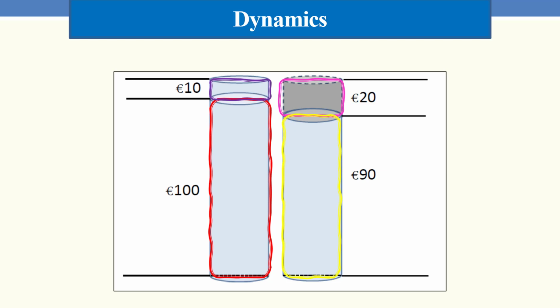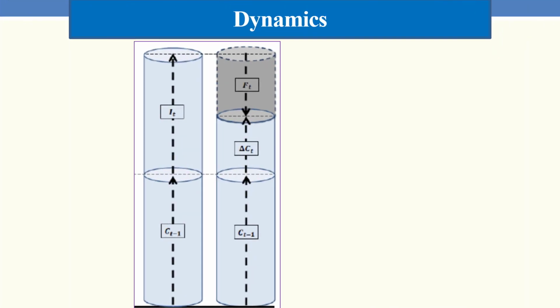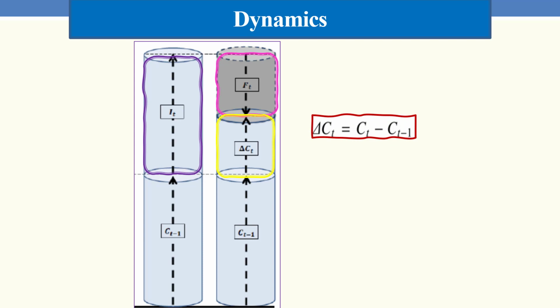In general, using the delta symbol, which is the symbol which denotes changes, variation, we can write that the difference between two consecutive capital levels is equal to I minus F, income minus cash flow.